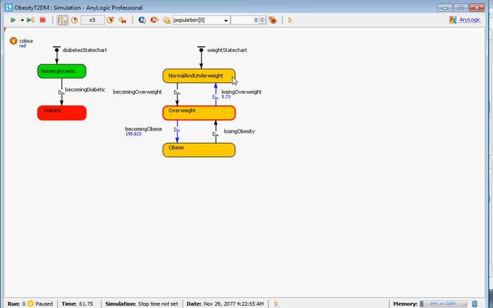Yes? Just wondering if in this model everyone starts off as normal and underweight. Indeed. And we're going to show a way that won't be the case. In fact, if there were interest right now, it would take about 5 minutes. I could divide people up so they start in different states. Would you like to do that?